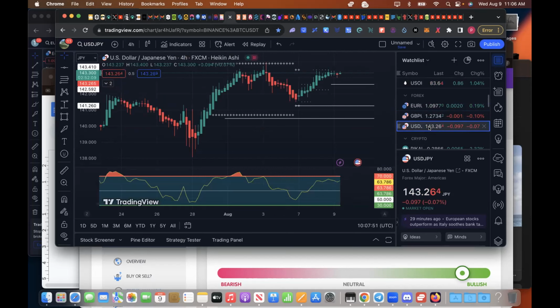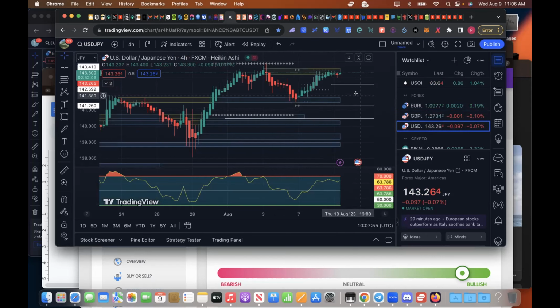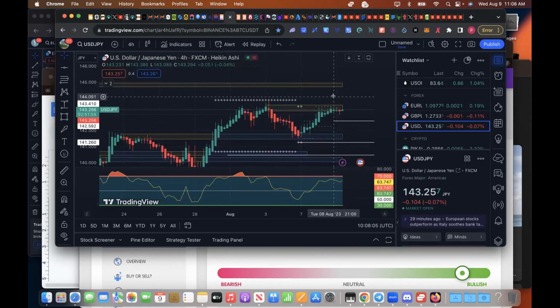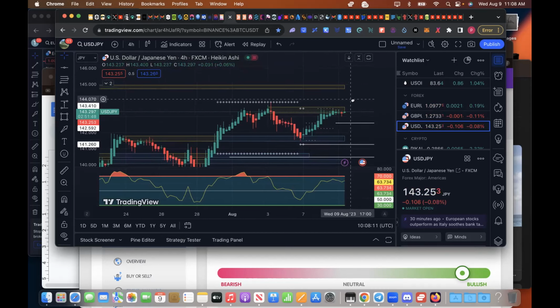Then USD JPY had been a very fantastic trade, creating serious support. You want to see it above here, and then we can trend up to 1944, oh sorry, 44 point something.